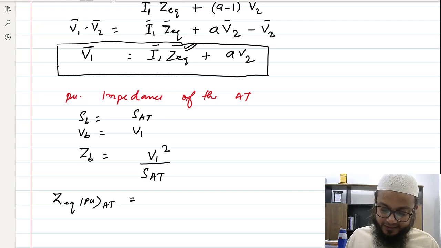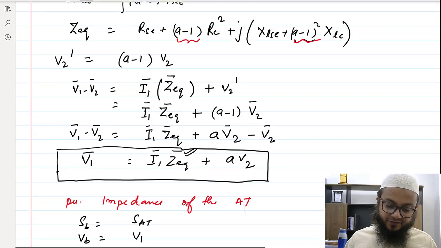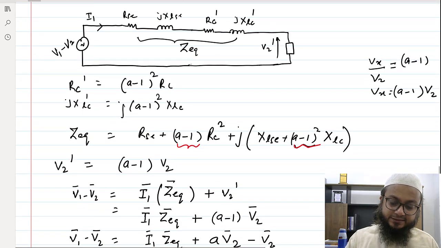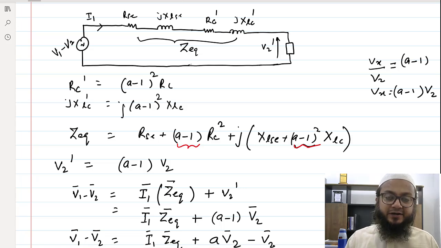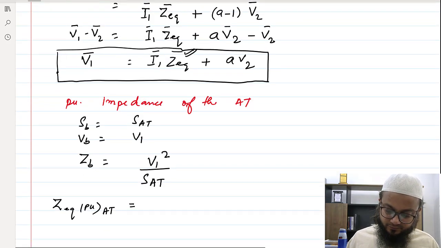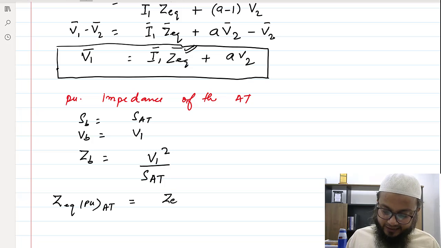We have seen that the impedance remains the same, because the same equivalent impedance is for the two winding and the auto transformer as well.